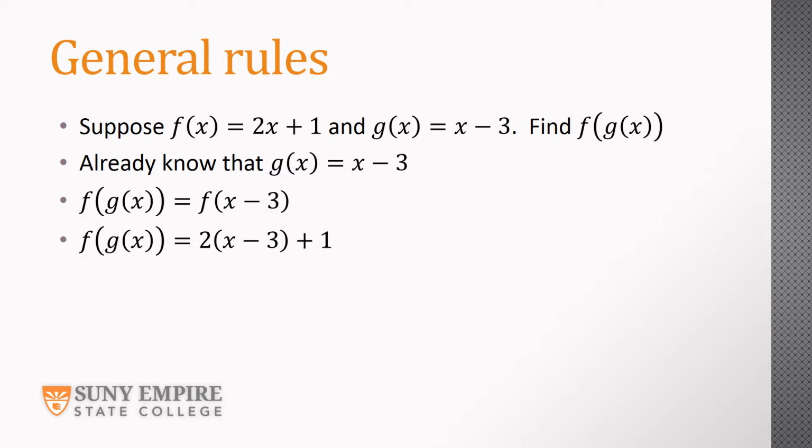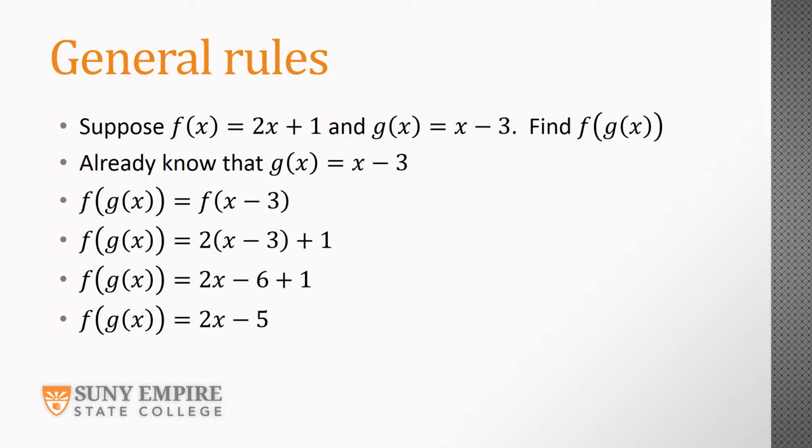So we have 2 multiplied by the quantity x − 3, plus 1. Distributing, we have f(g(x)) equal to 2x − 6 + 1. Simplifying, the general rule for f(g(x)) will be 2x − 5.